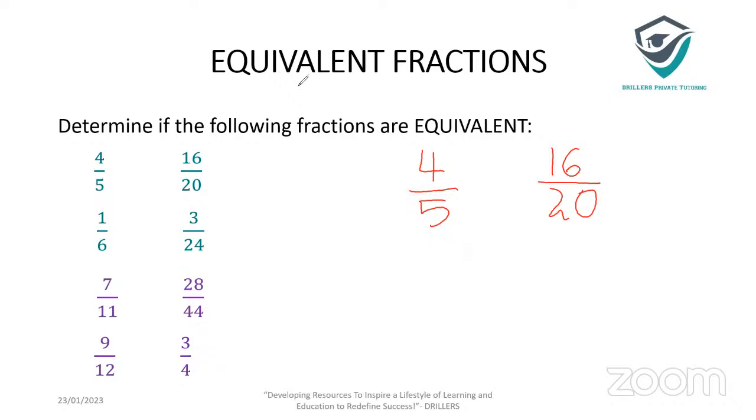How many times can 5 go into 20? That's 4 times. We multiply our numerator by the result. So 4 multiplied by 4 is 16. That means that these two fractions are equivalent. So 4/5 is equal to 16/20.